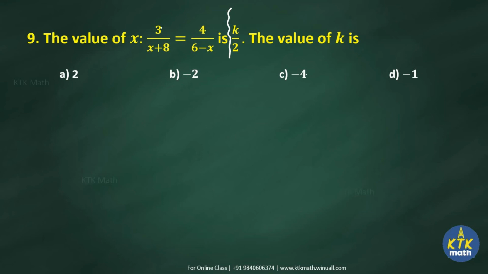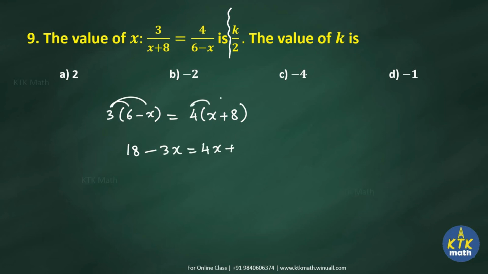As I told you, you need to do cross multiplication, right? So 3 multiplied with 6 minus x, and 4 multiplied with x plus 8. So multiply inside: 18, minus 3x, 4x, and 4 8s are 32. Now arrange variables and constants on one side.